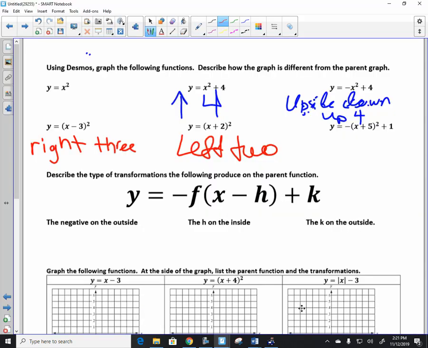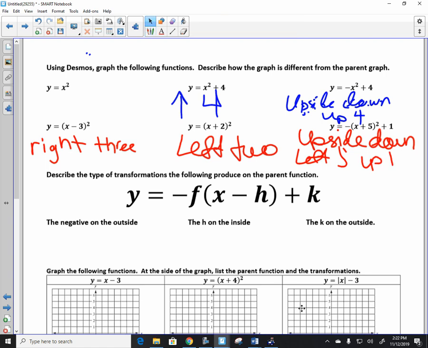Upside down, left 5, up 1. Left 5, and up 1. You do not get to use decimals on your test, but you could use it to check your homework for today and up until the test time.